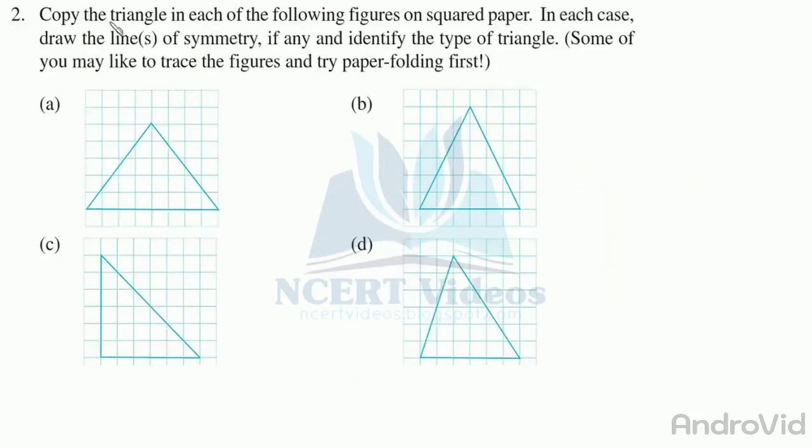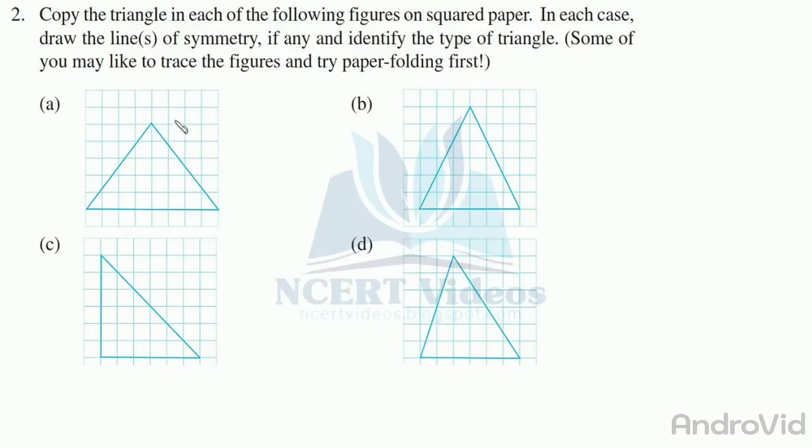Second, copy the triangle in each of the following figures on squared paper. In each case, draw the lines of symmetry, if any, and identify the type of triangle. Some of you may like to trace the figure and try paper folding first.